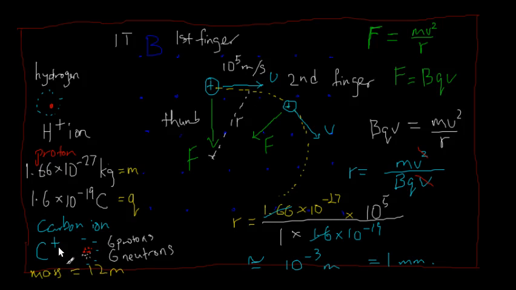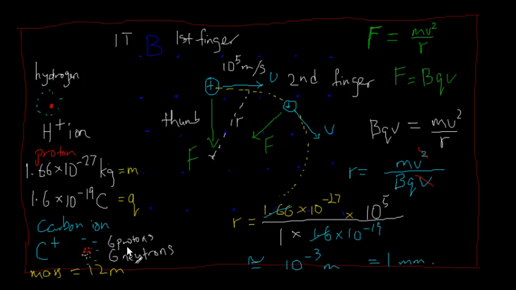Since I'm talking about a carbon atom that has lost just 1 electron, the carbon ion has the same charge as the hydrogen ion. It's still 1.6 times 10 to the power minus 19. The carbon atom itself would have 6 electrons to cancel the charge of the 6 protons, but the carbon ion has lost 1 electron and has 5 left, so it only cancels 5 of the 6 protons' charges.